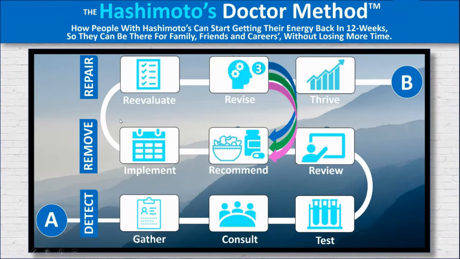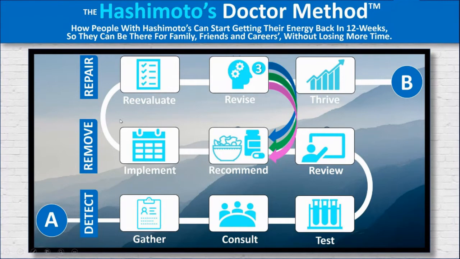It's a theoretical model. Obviously, it's very conceptual, and there are 9 different steps to it. In each of the 3 different sections of our strategy, detect, remove, repair, there are 3 different sub-steps. Our detect process is really to gather as much information as we can about the person, their history, consult with them, and really get to the bottom of what might be driving things.